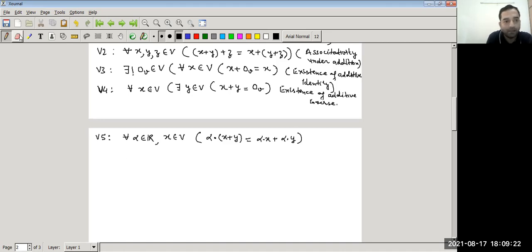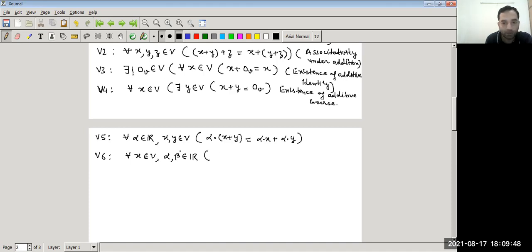Here x, y belongs to V. Now V6: for all x belongs to V and for all alpha, beta belongs to the field. The field is the set of real numbers.